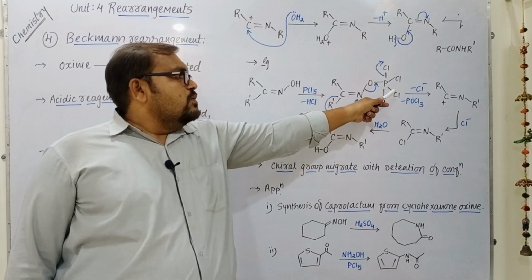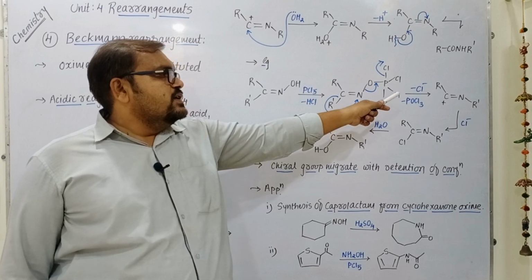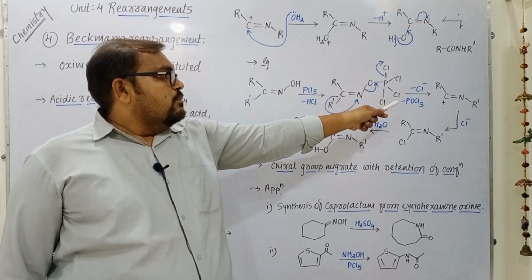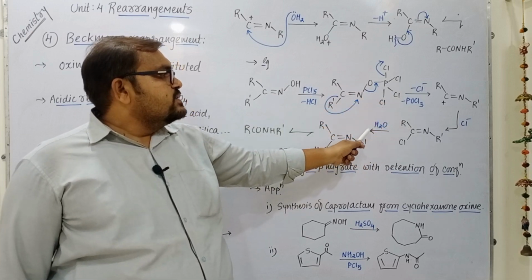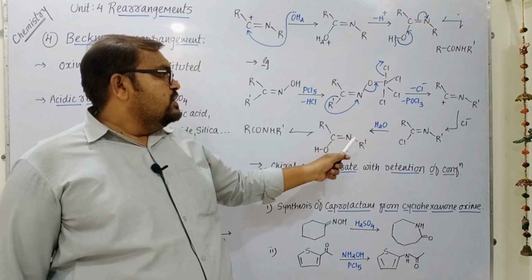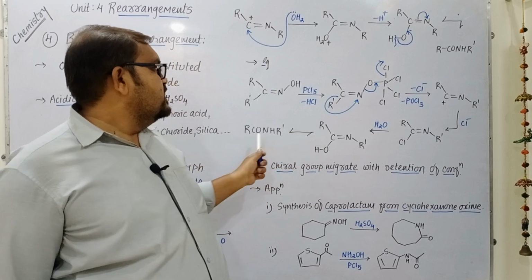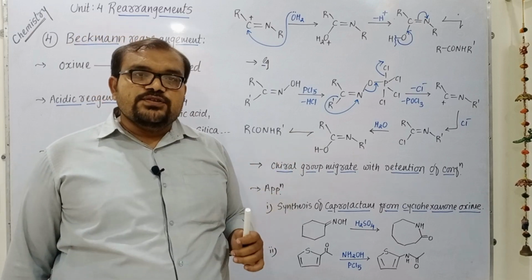So after loss of chloride and phosphorus oxytrichloride, that is POCl3, we will get the same intermediate. Then it will be attacked by Cl, and reaction with H2O will replace this Cl with OH, and after rearrangement we will get our desired product, that is N substituted amide.